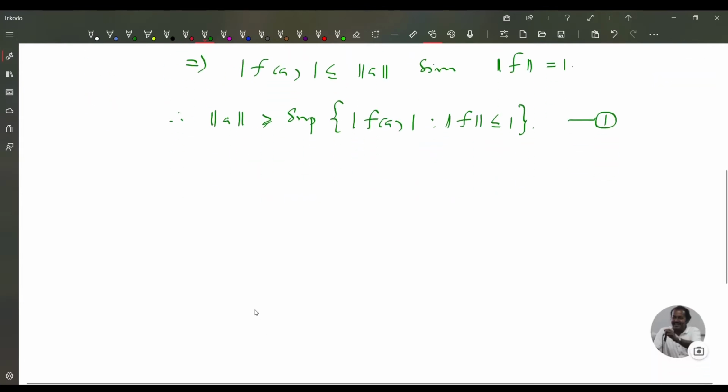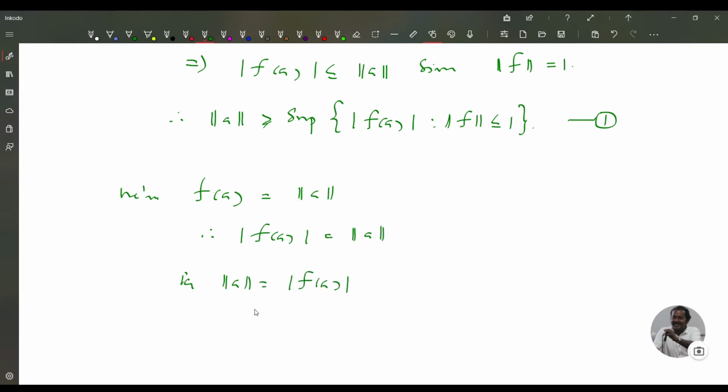Now, on the other hand, we have f of a equal to norm a. Therefore, modulus of f of a equals norm a, and this is less than or equal to the supremum of modulus of f of a such that f belongs to X* and norm f is less than or equal to 1.